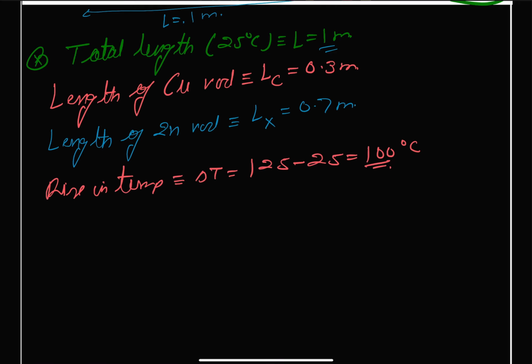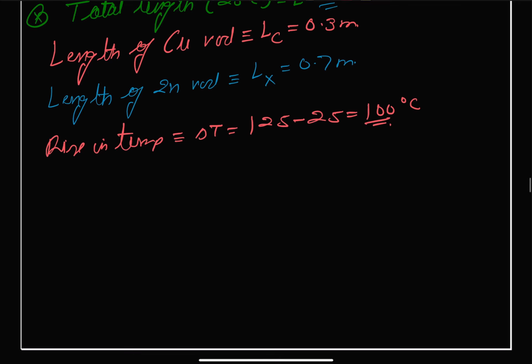And the increase in length, that is our delta L, is given as 1.91 millimeter. So we can say this is 0.00191 meter, and the coefficient and everything are given to us.